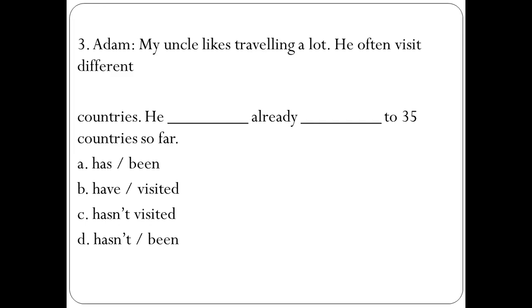Please choose your answer. So what's the formula again? He plus has or have. So this is has because he is singular. Already been to 35 countries so far.